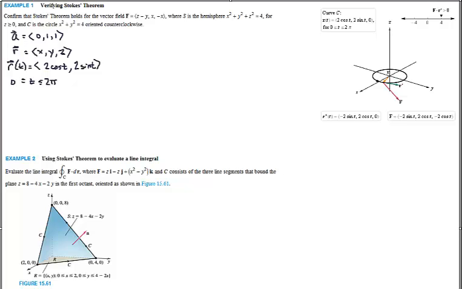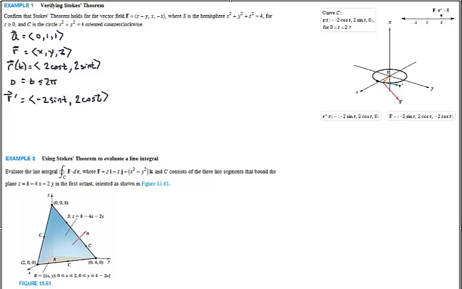And we do have a circle of radius 2. Note, we're going to need to know r prime. So r prime is going to be minus 2 sine t, and then for the derivative there, that's just going to be 2 cosine t.